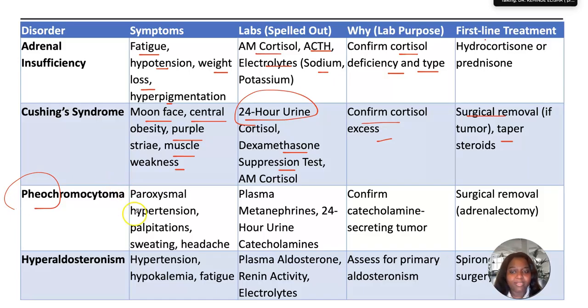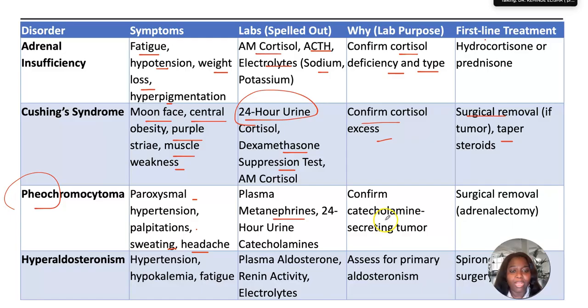Pheochromocytoma. What are the symptoms that we see? Paroxysmal hypertension, palpitations, sweating, headache. These are things we see with pheochromocytoma. Plasma metanephrines, 24-hour urine catecholamines are things that we need to order to rule out pheochromocytoma.